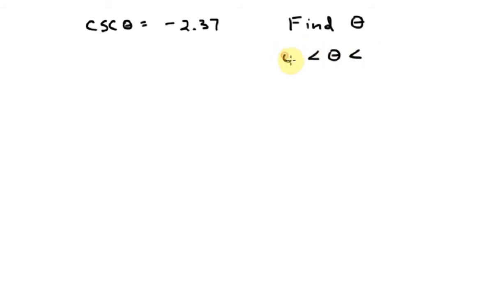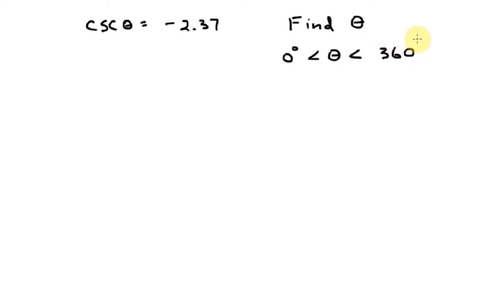In this example, we are given the following. We are told that the cosecant of theta is equal to negative 2.37, and given this information, we're told to find theta, or a possible value of theta, limiting it between 0 degrees and 360 degrees.